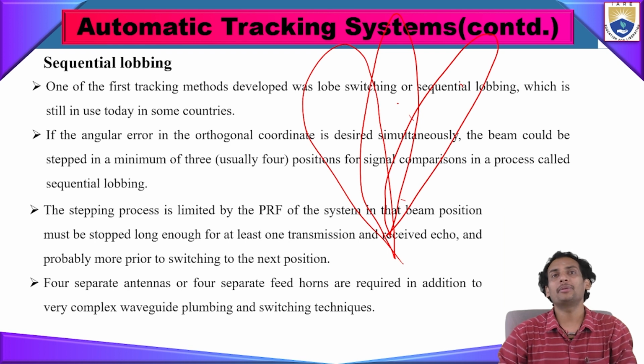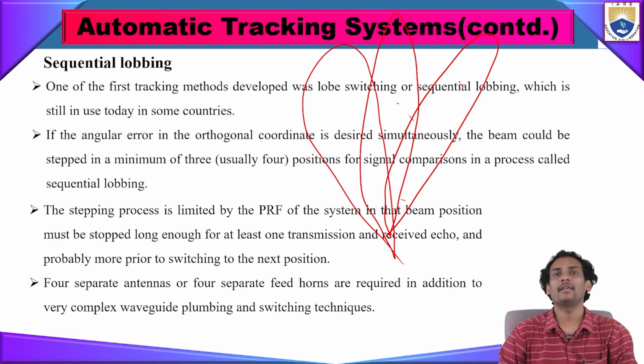The stepping process is limited by the PRF of the radio frequency system, and the beam position must be stepped along with at least one transmission and receiver echo, and probably more, prior to switching to the next position.